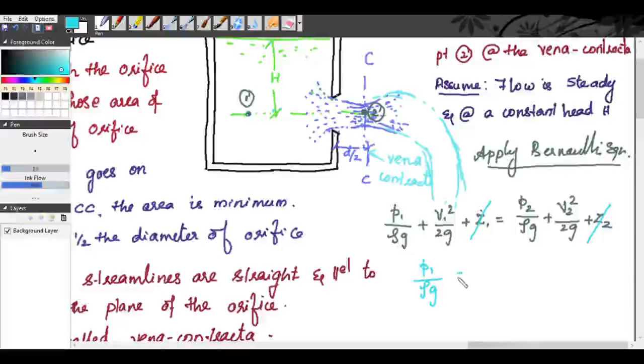So that is H, the pressure head. You have already studied that the intensity of pressure P is equal to rho g H, right? H is the head, so head is equal to P by rho g. Pressure head is equal to P by rho g. Intensity of pressure is rho g H.